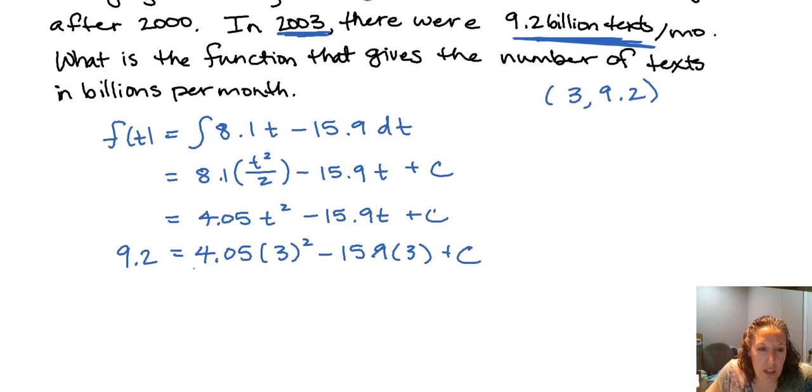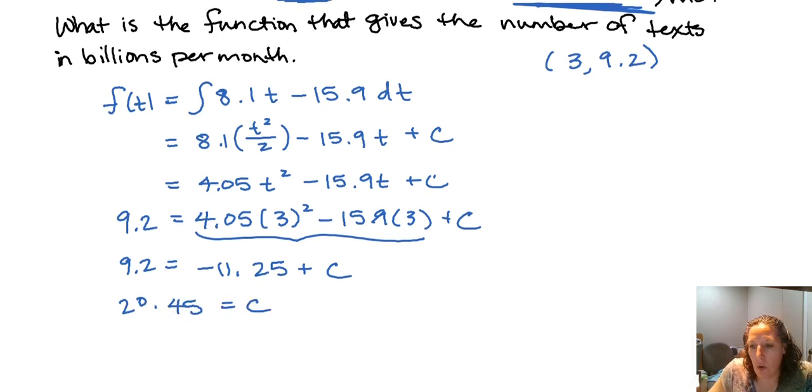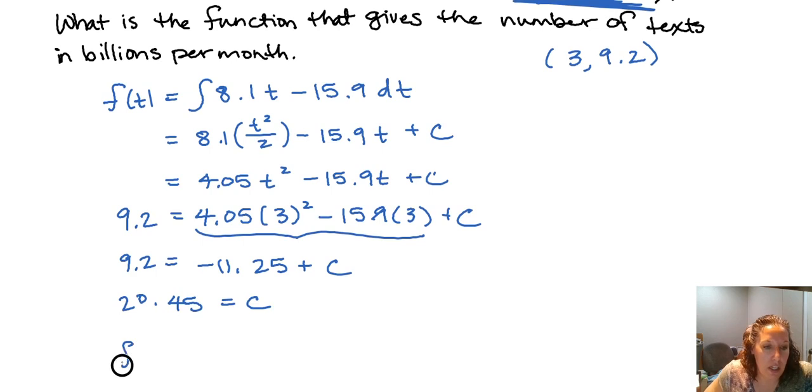And if we simplify, plug in the calculator, 4.05 times 3 squared minus 15.9 times 3, I get negative 11.25. And then we still have that plus c, so we'll add 11.25, and that will give us 20.45 is equal to c. So our function here is going to be f of t is equal to 4.05.